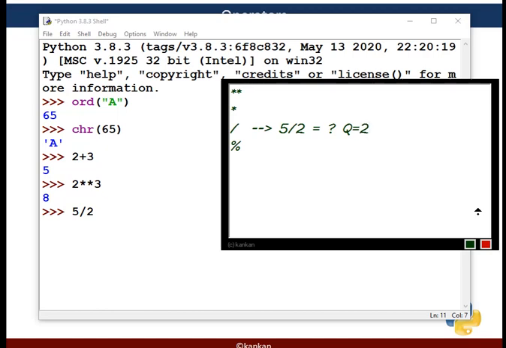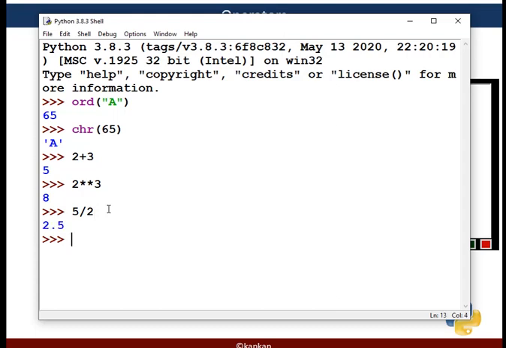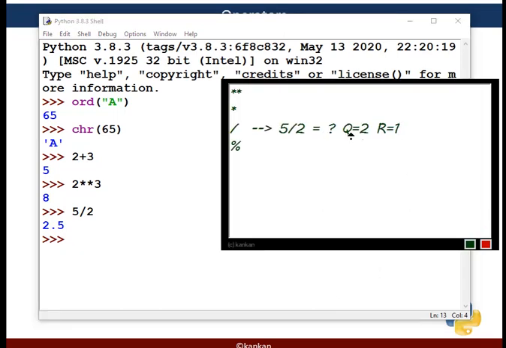For integer division, that will produce a remainder of 1. But here it will divide exactly. The output value will be 2.5. So it's not an integer division, that is equal to 2.5.